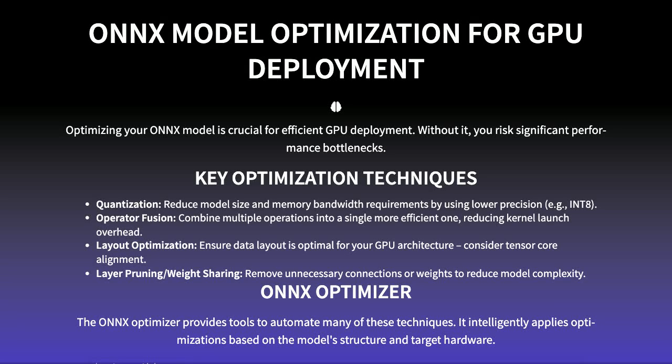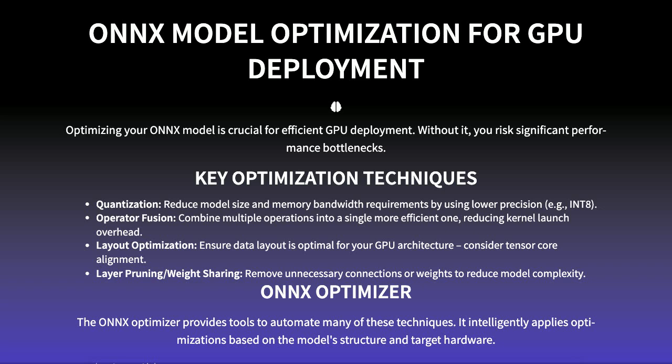Okay, let's talk about getting your ONNX models running smoothly on GPU. The key here is optimization. Think of it like fine-tuning a race car engine for maximum speed and efficiency. We'll cover some important techniques. First, quantization is really helpful. It reduces the size of your model and the amount of data moving back and forth between the CPU and GPU, which can make a huge difference.